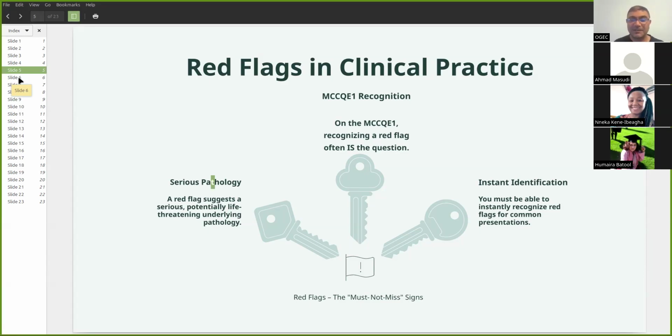For a patient with fever and stiff neck, it raises the concern about meningitis. Sudden chest pain with dyspnea in a patient who was on a long haul travel raises a suspicion of pulmonary embolism. Things like that. These are the red flags, and these red flags should be in mind in every question.